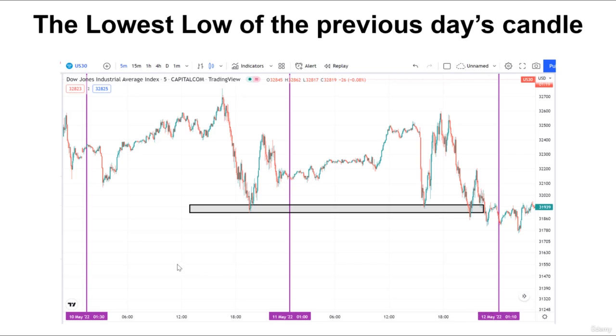You can see that on May 10th, it was the lowest price of Dow Jones for May 10th. And it had a reaction to this point, something like this.